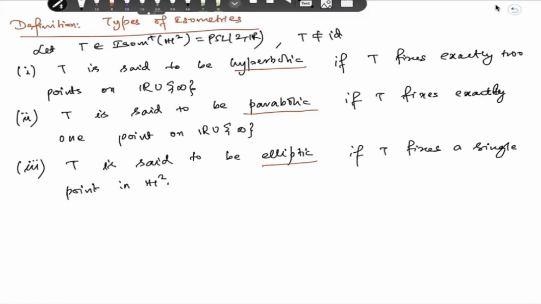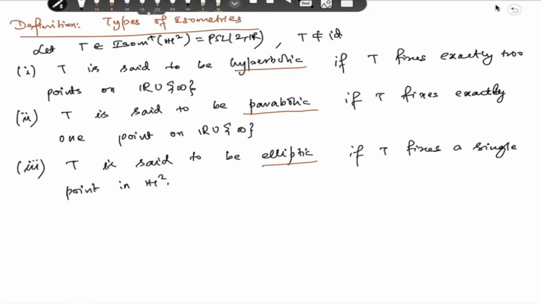So here you will not get the boundary of this upper half plane. Okay, so this is about the types of isometries of this upper half plane.